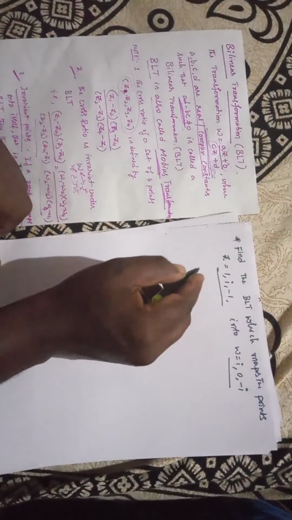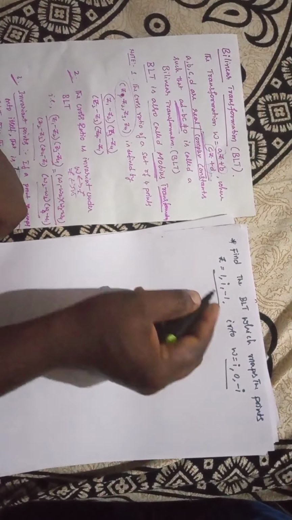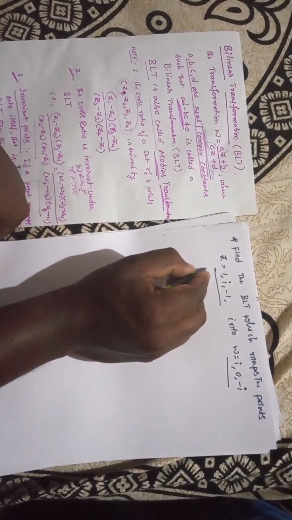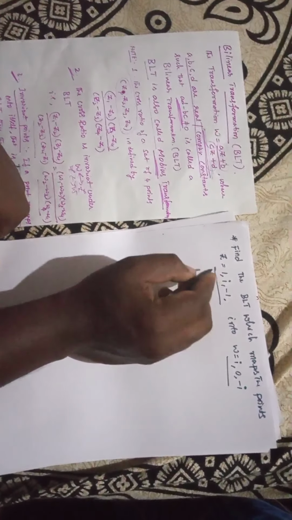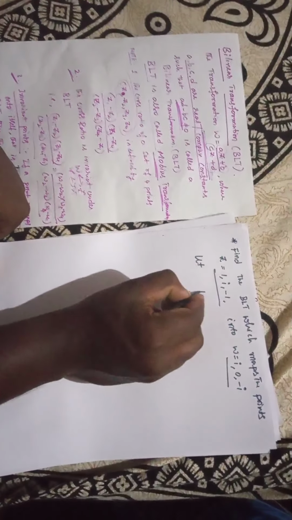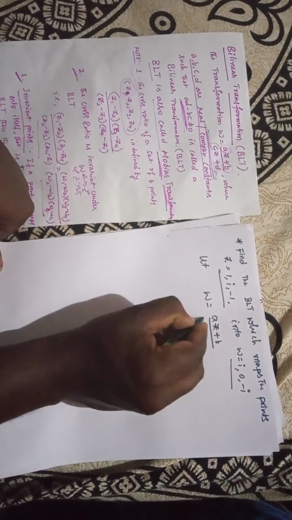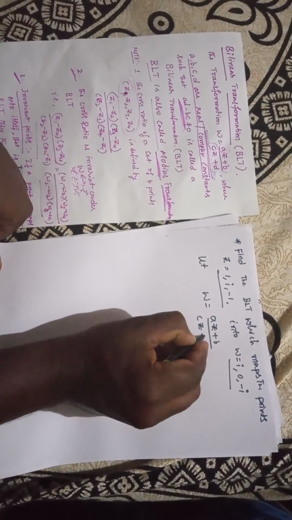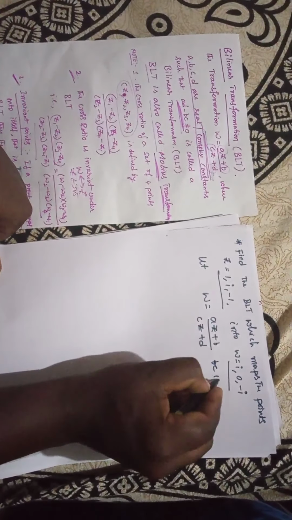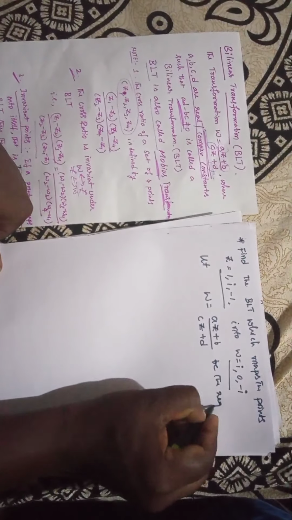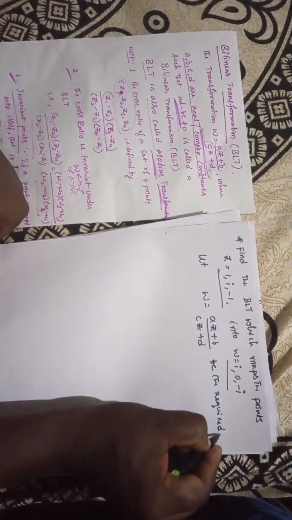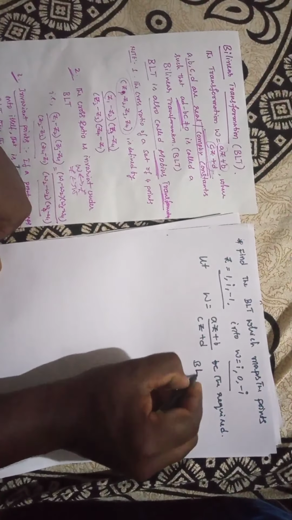Next we have to assume the standard form w equal to az plus b by cz plus d to be the required bilinear transformation.